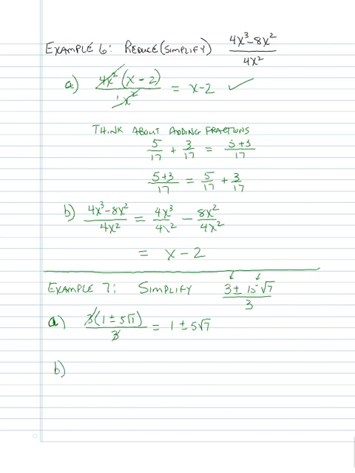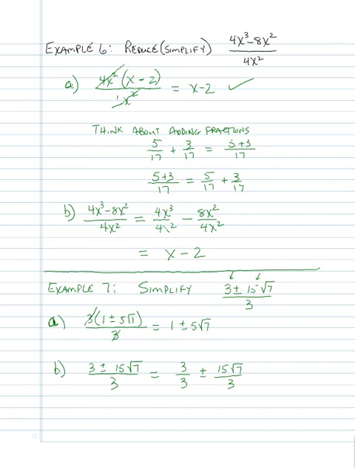We could have also done this in method B, and that's break that into two fractions. So we'll start over. 3 plus or minus 15 root 7 divided by 3. Well, that says 3 divides into both of those terms. We can take that 3 in front, divide by 3, plus or minus that 15 root 7, and also divide by 3. We just wrote it as two fractions added or subtracted together.